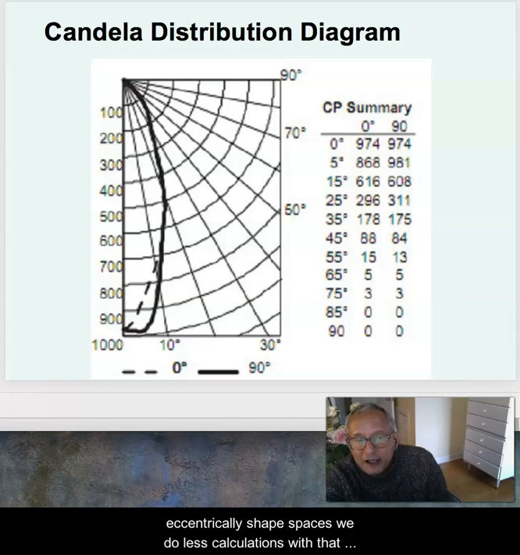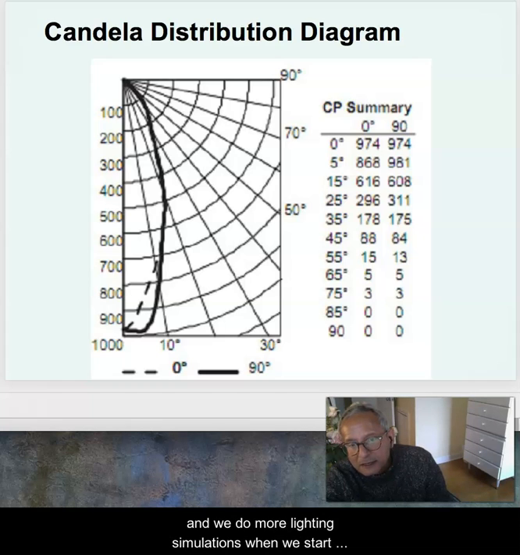We do fewer calculations with that, and we do more lighting simulations when we start getting into complex spaces. And those include room cavity ratios and other more elaborate calculations that you'd use for something like the coffee house in the Winnett building, or the cube in the Pavilion building.